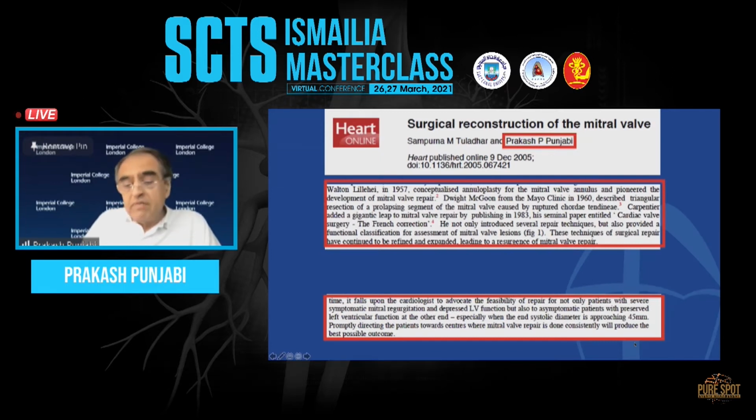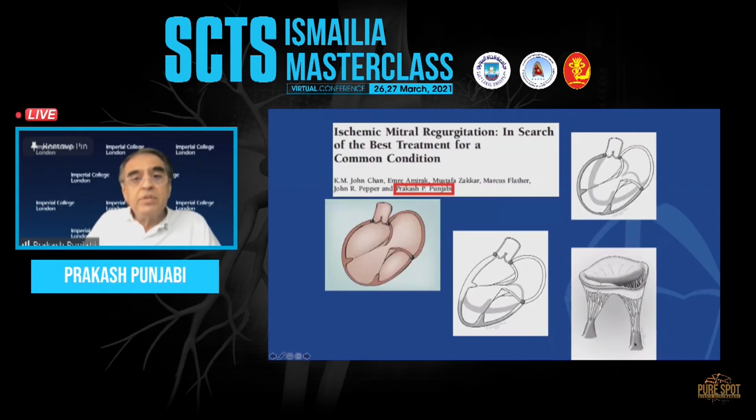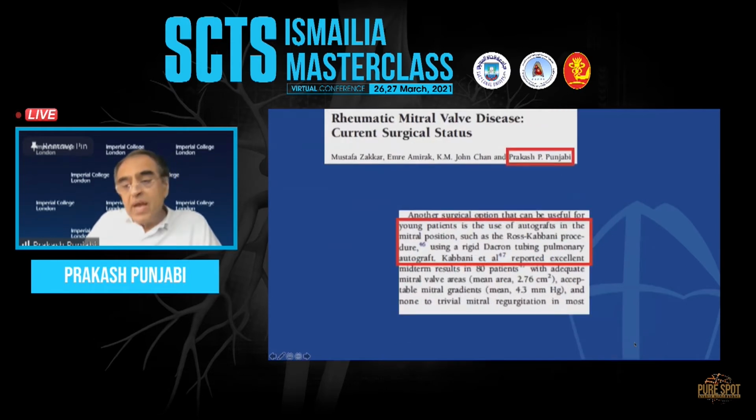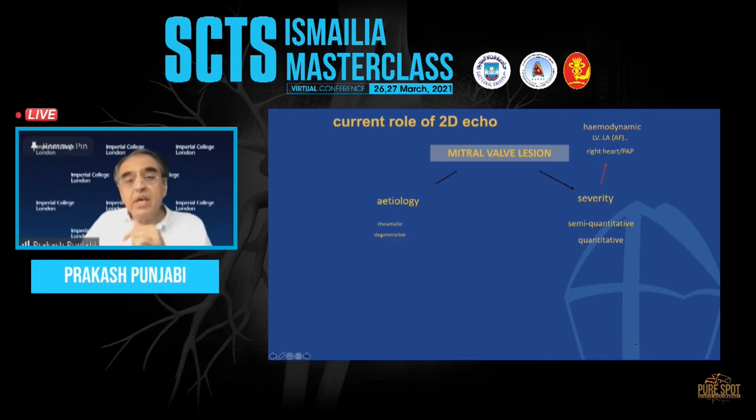And we've been interested for over 20 years in the mitral valve and have written various manuscripts on degenerative, ischemic, infective endocarditis, rheumatic. And we've grown from the era of 2D echo, where we were able to look at the mitral valve and understand the severity by a quantitative and a semi-quantitative assessment, which was dependent, like I said, on the hemodynamic LV, presence or absence of atrial fibrillation, the pulmonary artery pressure, right heart.